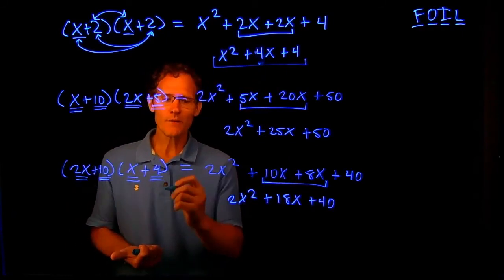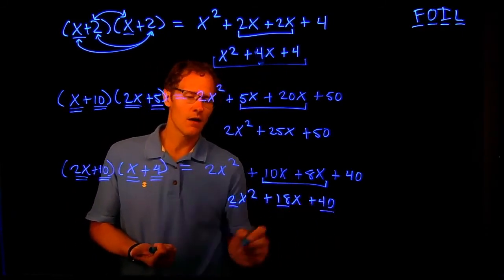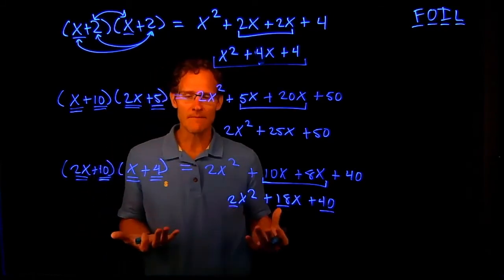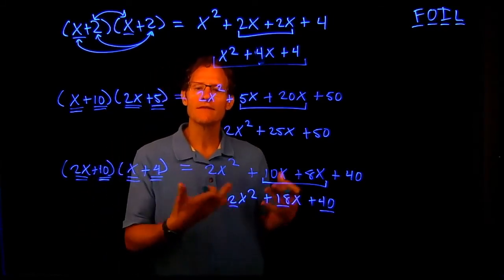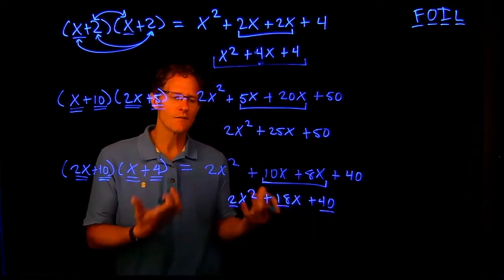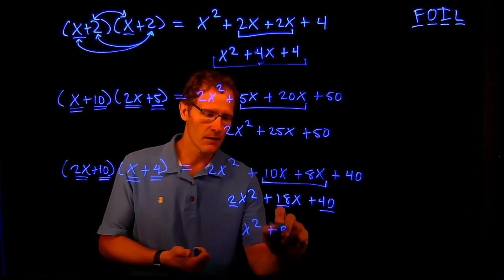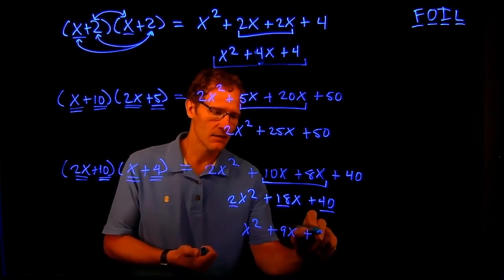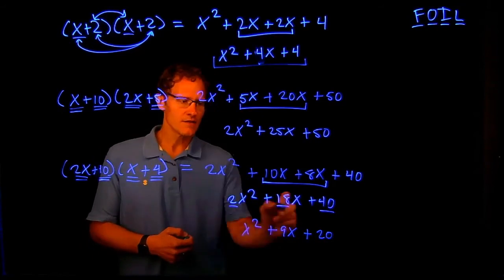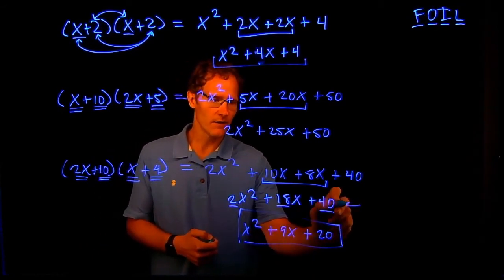What I hope that you notice here is that each of these integers are even numbers. So they're all divisible by 2. So we can actually remove a factor of 2 from each of these to give us x squared plus 9x plus 20. So this is a simplified version of this.